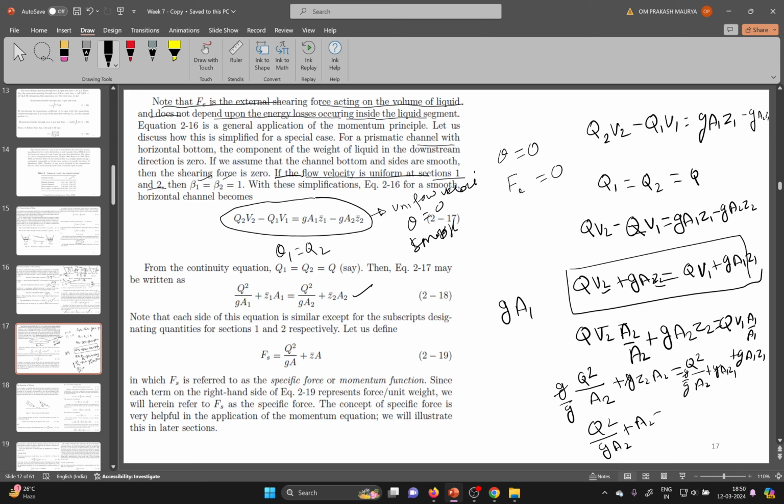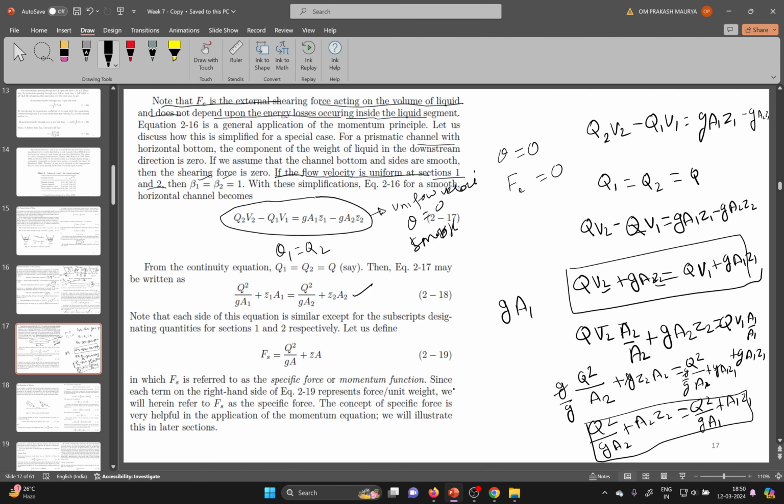So a2 z2 equal to q square by g a1 plus a1 z1. So this is the expression you will get after the derivation of the momentum conservation.